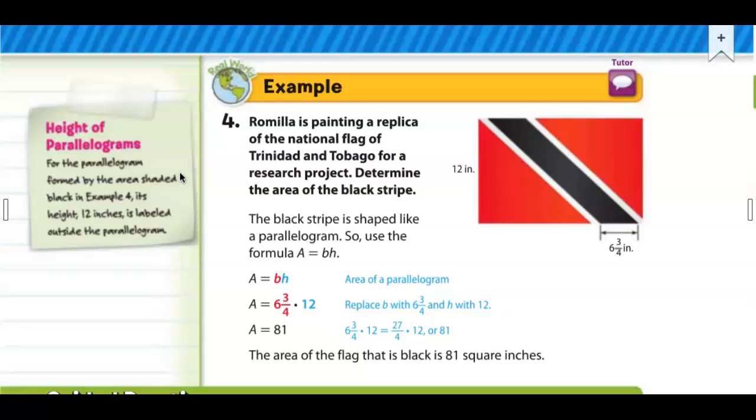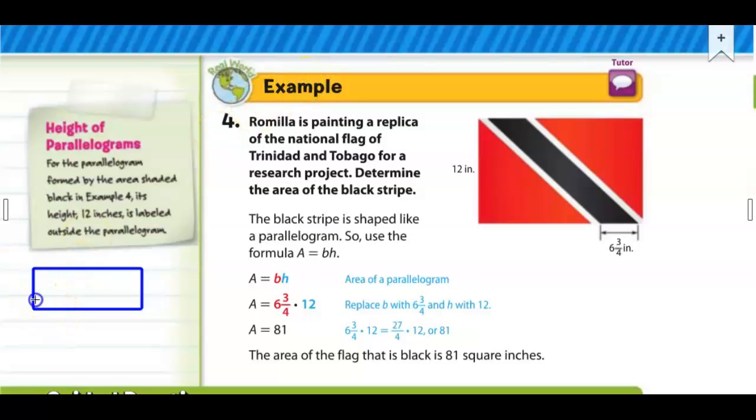Now, we have been talking about the area of rectangles prior to this, and rectangles are parallelograms, and so are squares. But the difference is that they have all right angles.